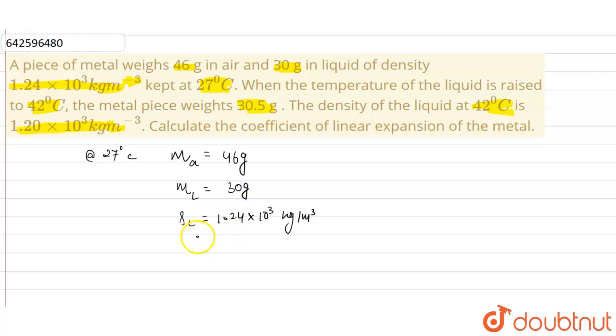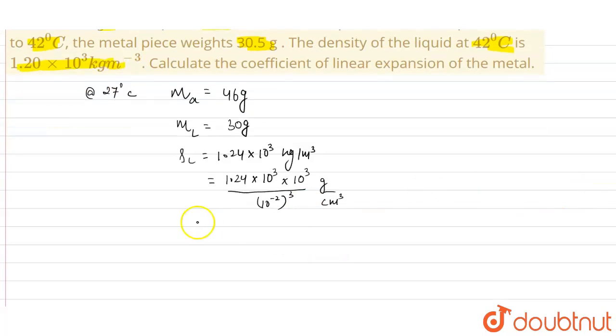Now first of all, let's convert the unit of density into gram per centimeter cube. So 1.24 into 10 raised power 3, converting kg into gram is 10 raised power 3, and converting meter cube into centimeter cube is 10 raised power 2 whole cube. So the density of liquid will come as 1.24 gram per centimeter cube.